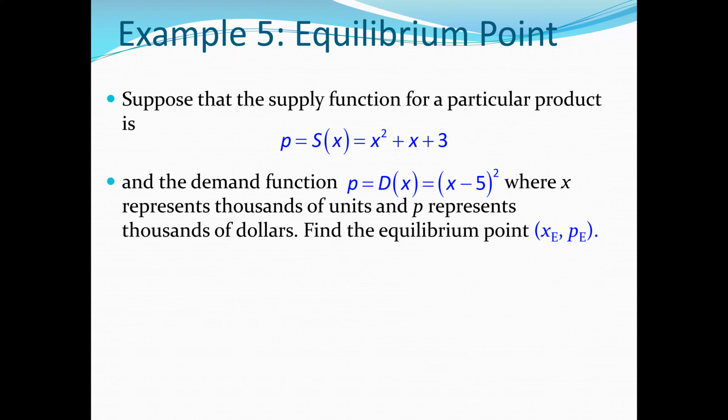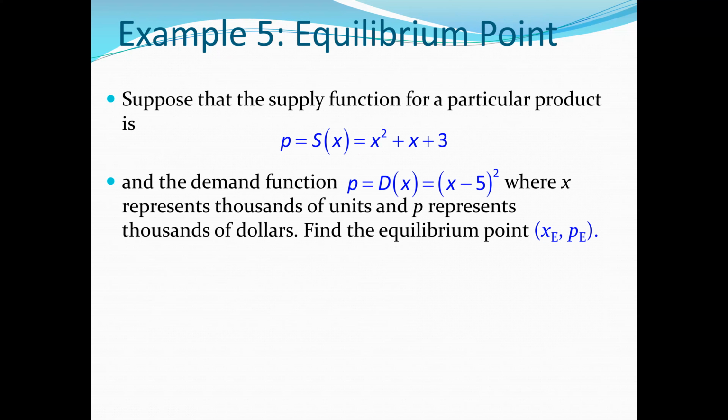Equilibrium point means when the supply and the demand are the same, they are equal. So again, price goes up when the demand is higher than the supply. Price goes down when the supply is higher than the demand. Equilibrium point means when the demand and the supply are the same.